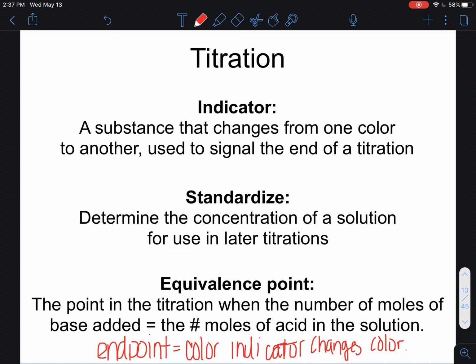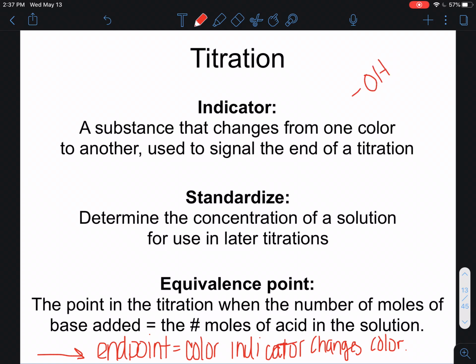The endpoint, for example when we did the acid-base titration with HCl and sodium hydroxide: remember the color indicator, phenolphthalein, in order for it to be pink, there has to be a presence of hydroxide anions in solution.